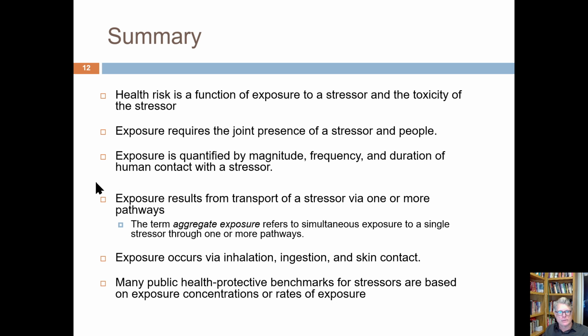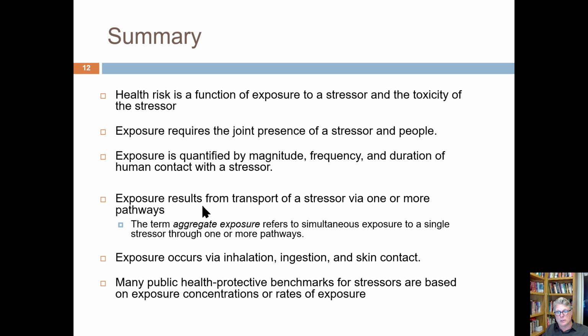Okay. All right, so the summary of this introduction is the following. Health risk is a function of exposure to a stressor and the toxicity of that stressor. Exposure requires the joint presence of a stressor and people. Exposure is typically quantified by the magnitude, like the concentration, frequency, and duration of human contact with a stressor.